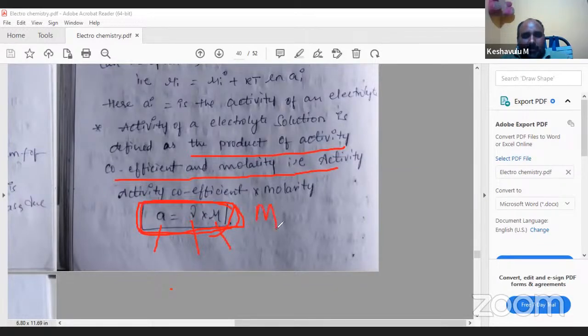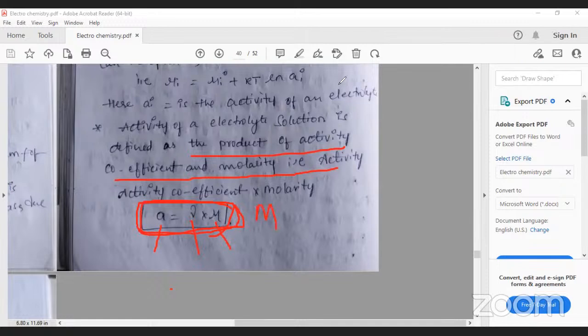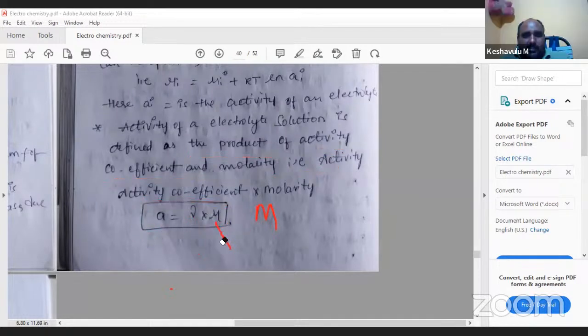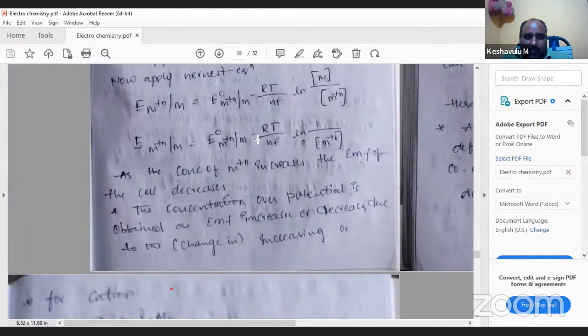This is the activity coefficient we are going to determine with the application of the Debye-Hückel theory. So what is the Debye-Hückel theory? How will we get the gamma value? We'll see. It's a very easy, easily understandable concept. So what is Debye-Hückel? We'll see.